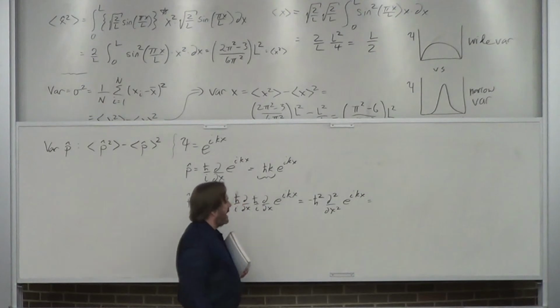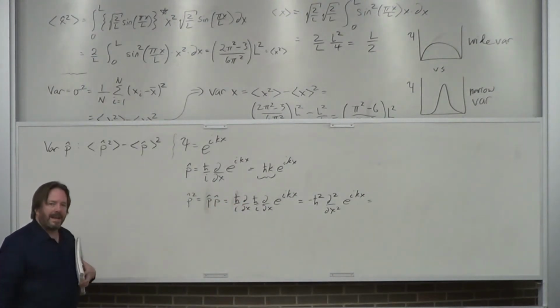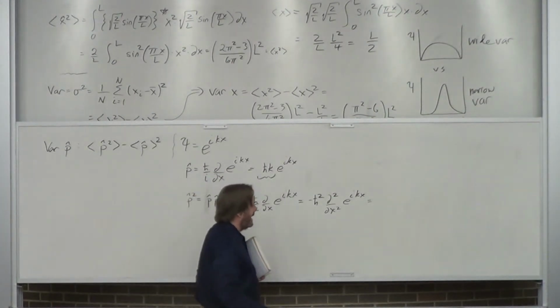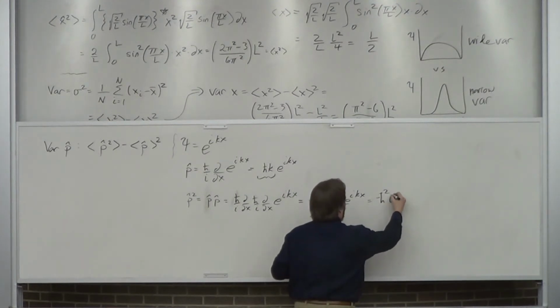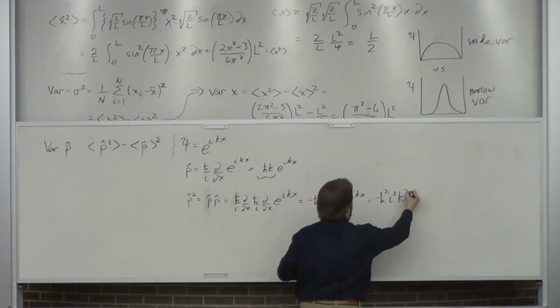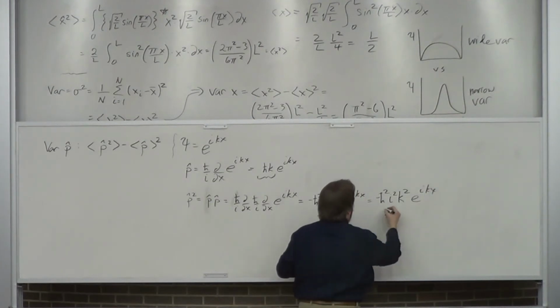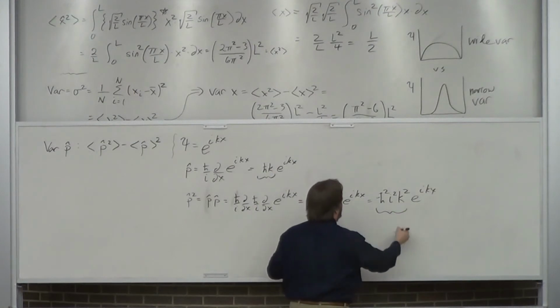The double derivative of e to the ikx is i squared k squared e to the ikx. And this, of course, is minus h bar squared times minus 1 times k squared, which is h bar squared k squared.